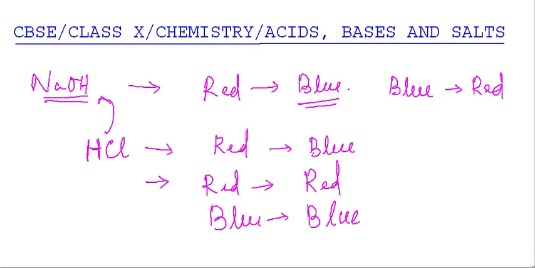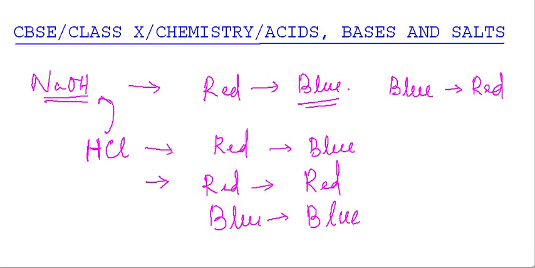Slowly the solution is turning neutral when red is remaining red and blue is remaining blue. There is no change in the indicator, which means the solution is neither acidic nor basic. So that's the point when we say that the solution is neutral. So the acid is neutralizing base or the base is also neutralizing acid.